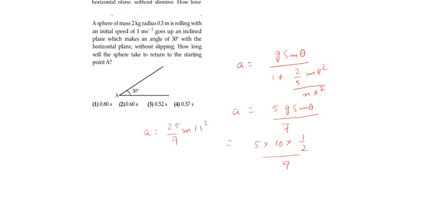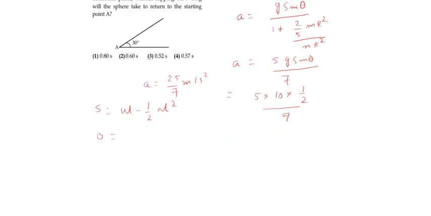Now use the kinematics relation, S is equal to ut minus half at square, because we need to find out the time here. As it is coming to the initial place, S is 0, u is given as 1 meter per second. So t minus half multiplied by 25 by 7, a we have already calculated, multiplied by t square.